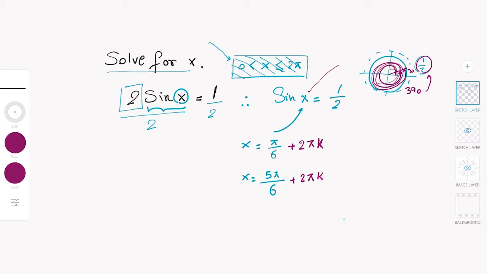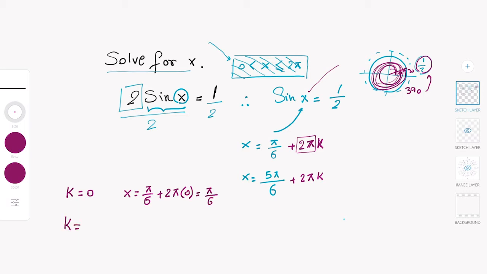So in order to list all of them, we add 2 pi k. We know what 2 pi is, I mean 1 revolution. The k is a constant number. Like when k equals 0, we have x equal to pi over 6 plus 2 pi times 0, which is pi over 6.